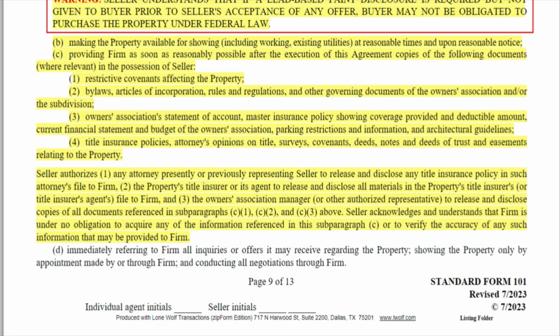And number 3, the owner's association manager or other authorized representatives to release and disclose... The firm is under no obligation to inquire into any of the information referenced in this paragraph C, or to verify the accuracy of any such information that may be provided to the firm.